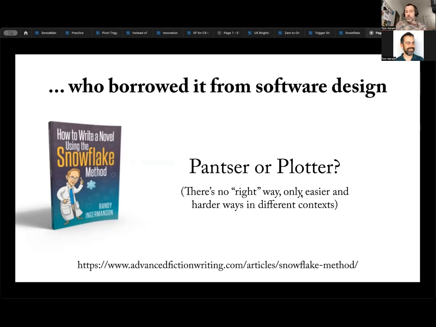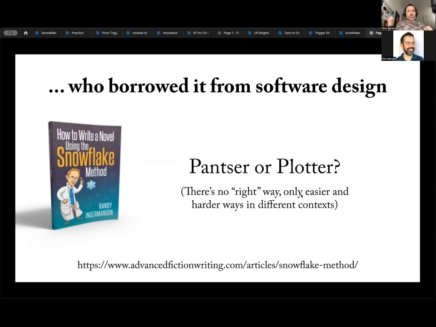Where that starts to fall down is that quite often, in a plot-driven novel, the characters end up doing things that are out of character, and you don't understand why people are doing those things. They're doing them because the plot needs them to do it, not because they, as a character, necessarily want to do it.